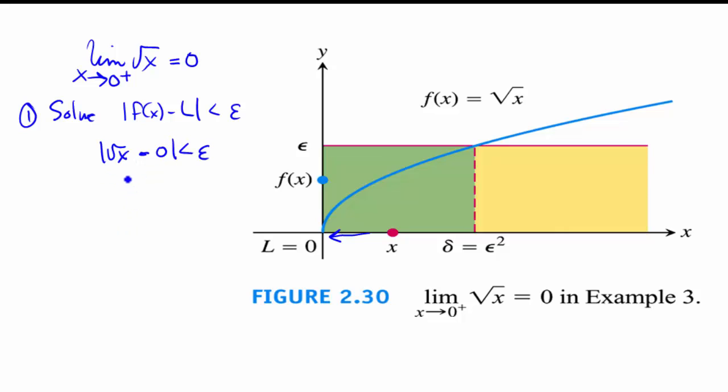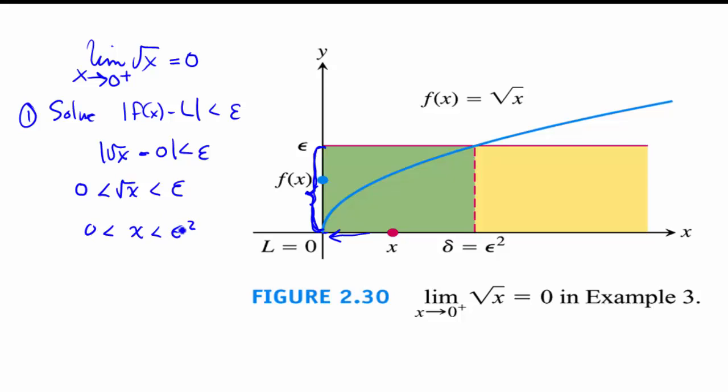So that means the square root of x is between, and look at this one, only from 0 to epsilon. We don't have a minus epsilon because it's just this part. Then we square everything, and we get x is between 0 and epsilon squared.